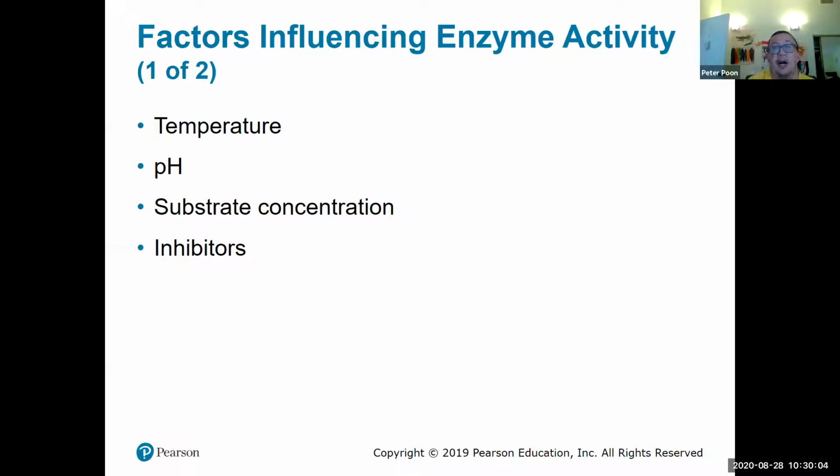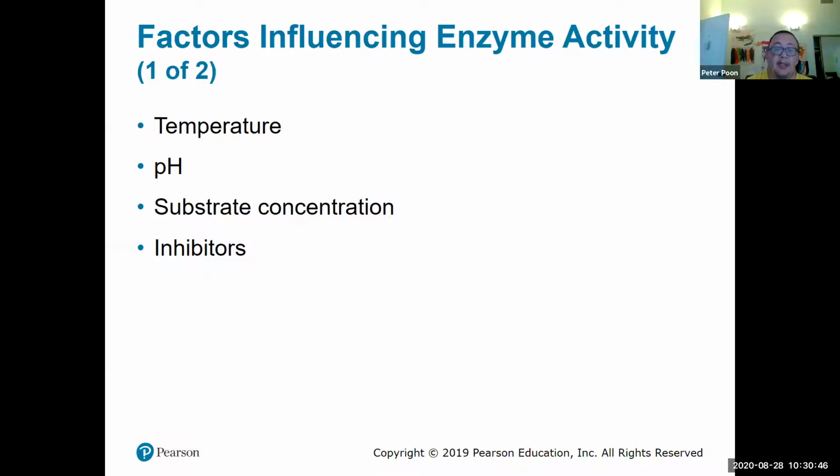All right. Factors influencing enzyme activity. Again, I already went through this. Temperature, pH, substrate. So temperature: the higher the temperature, the faster the enzyme activity rate, up to a certain level. Too high a temperature and you can actually denature the enzyme and it will no longer work. pH: you need to be at the right pH for that enzyme to work, and the right pH depends on what enzyme it is.